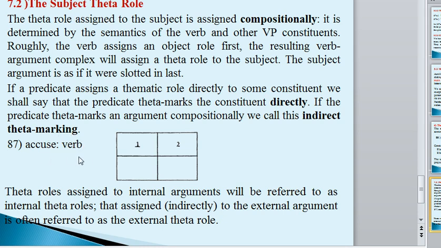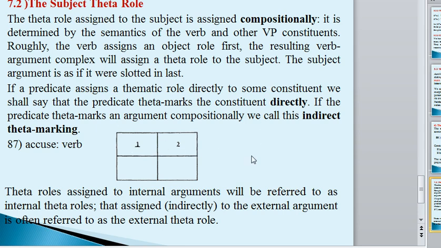Then both of these elements, the verb and the direct object, compositionally theta-mark the subject indirectly. So again, the verb assigns a theta role to the object directly, so we call it the internal argument, and we call the subject the external argument, which the verb compositionally theta-marks.